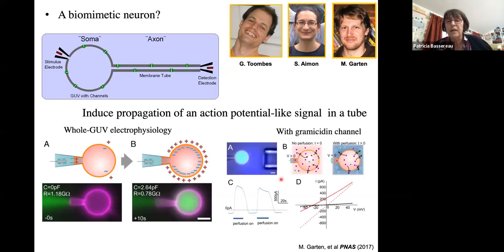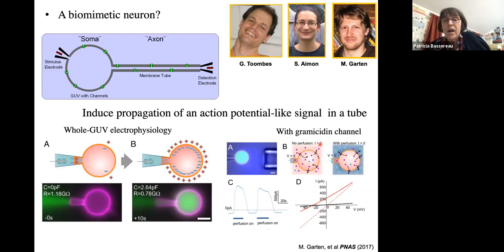We illustrated that not with a voltage-gated potassium channel, but with gramicidin. You can see on this graph that if you have gramicidin incorporated and the membrane is symmetric, nothing is going on.